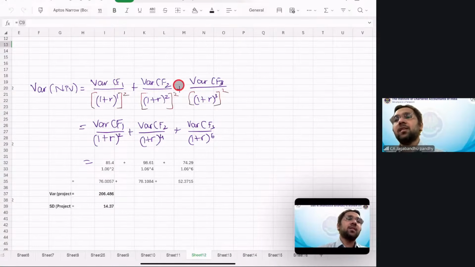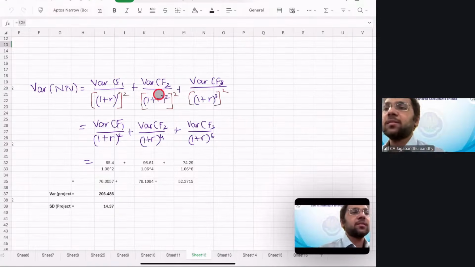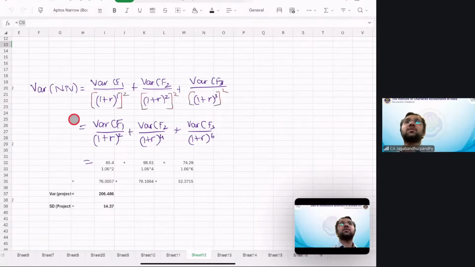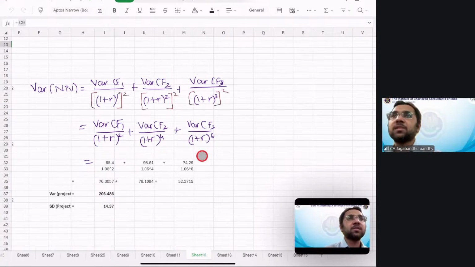And second, in fact, all the variance values need to be discounted by the square of the compounding factor. So when you want to calculate variance of NPV, we need to take the total of all of them by dividing with 1 plus r square, 1 plus r raised to 4, 1 plus r raised to 6.